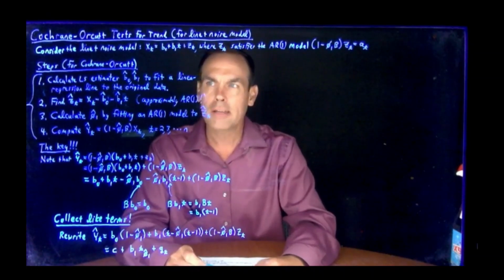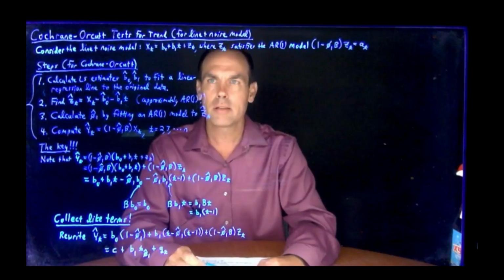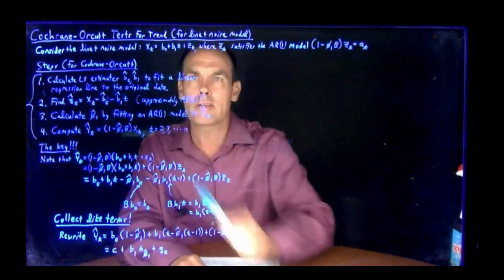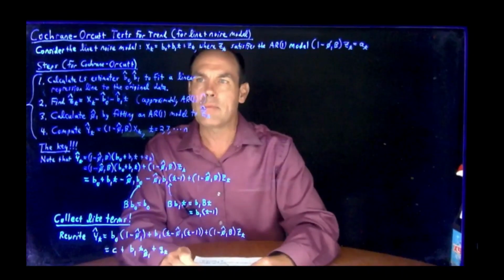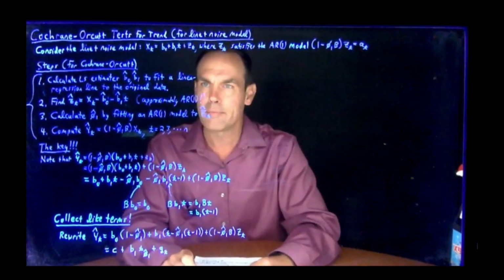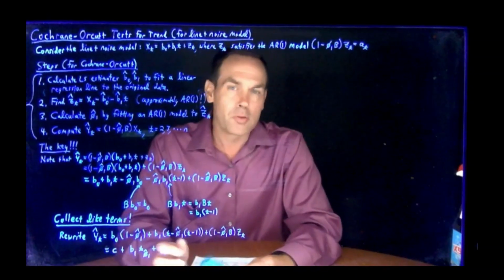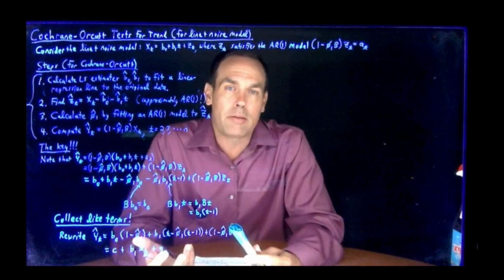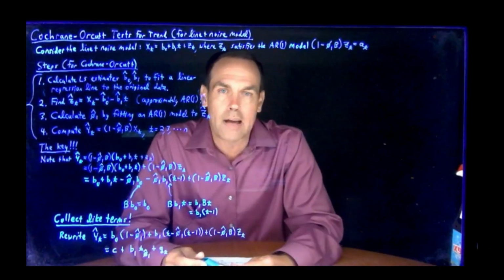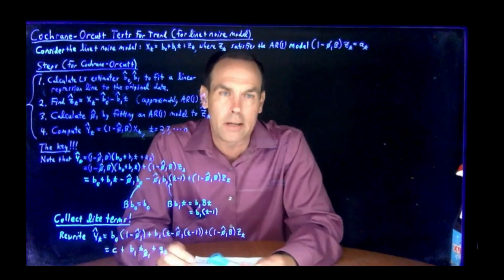Okay, given that, here's the Cochrane-Orcutt test. First of all, calculate the least squares estimates for this B0 and this B1 and name them beta hat 0, beta hat 1, to fit a linear regression line to the original data. So far, that's what you would do if you're just trying to fit some line to a set of data that you're calling linear.